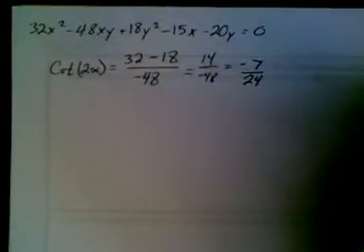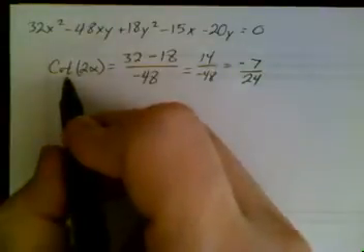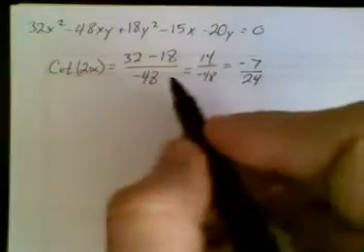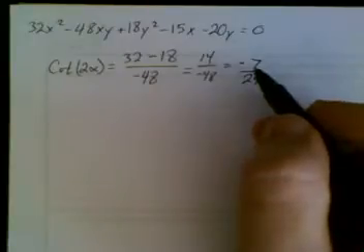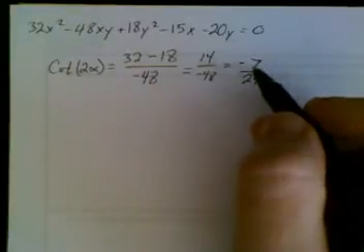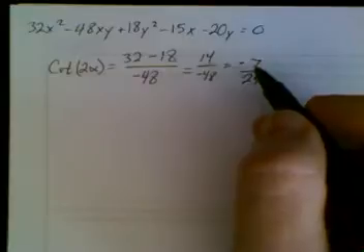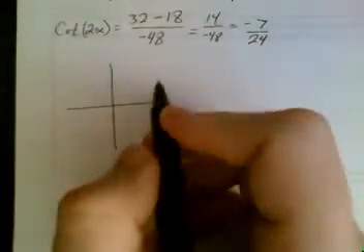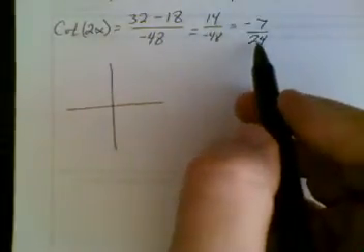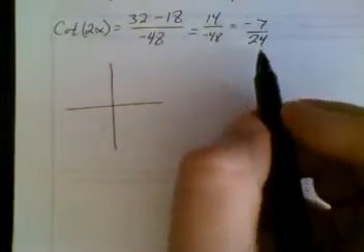Okay? Well, if that's the case, and this is cotangent, let me figure out where this is going to be. This looks like a triangle, if I'm not mistaken. So let's look at a triangle here. Cotangent is negative 7 over 24.